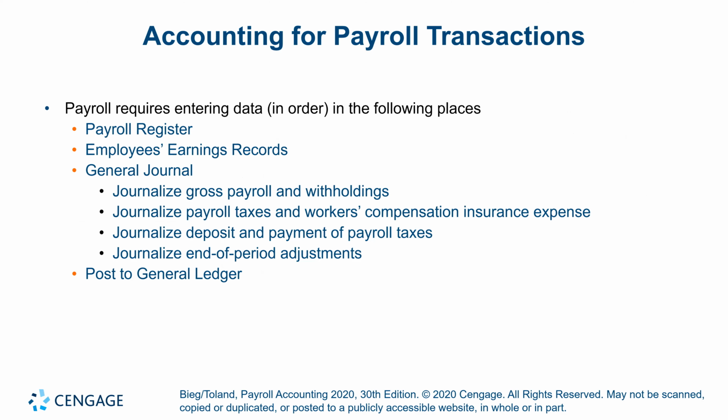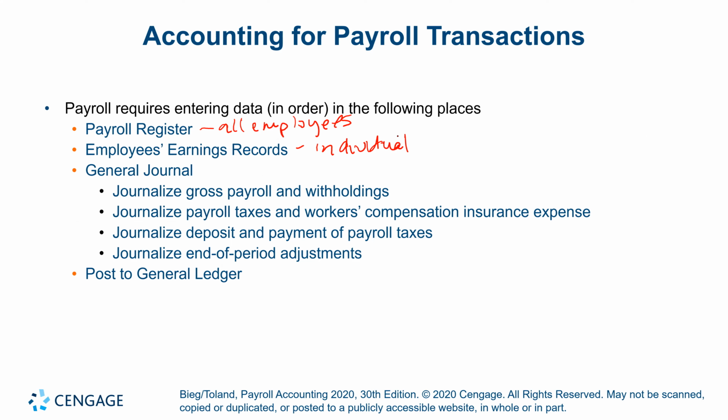So accounting for payroll transactions, we've looked at the payroll registers and the employee earnings records before. Remember, the payroll register includes all employees, right? And the employee's earning record is the individual. Each employee has his or her own earnings record.